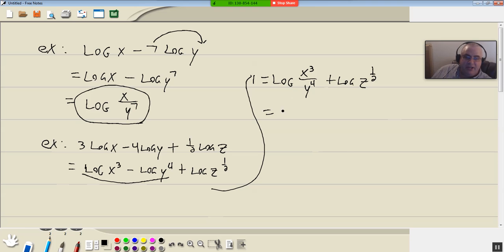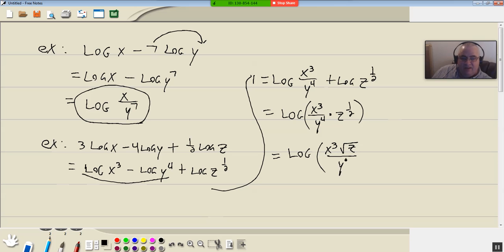Now addition becomes multiplication, so we're going to have log of x to the 3rd over y to the 4th, times z to the 1/2. Now I'm going to put that z to the 1/2 up on top, but I'm going to rewrite it back in radical form, and that'd be the square root of z. And this would be our answer.